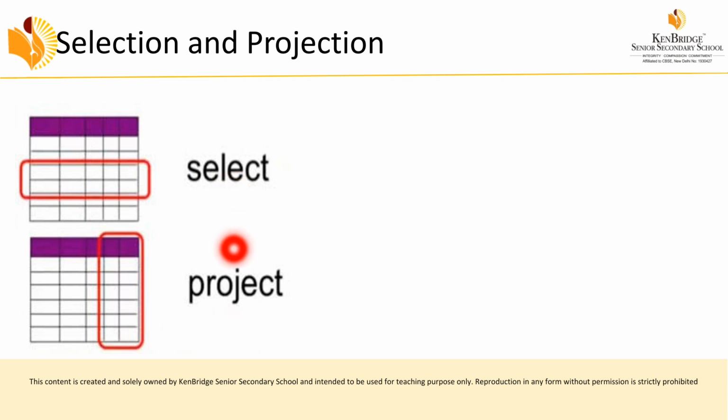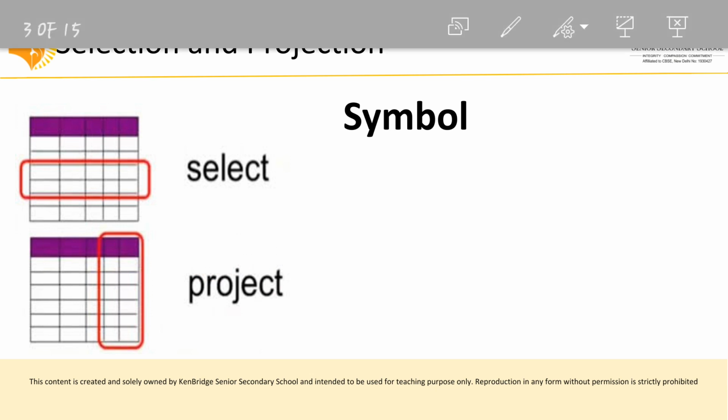If it is projection, it is going to concentrate on attributes, not on the rows. That is the difference between selection and projection. Selection deals with the rows, and projection deals with the attributes, that is, columns.